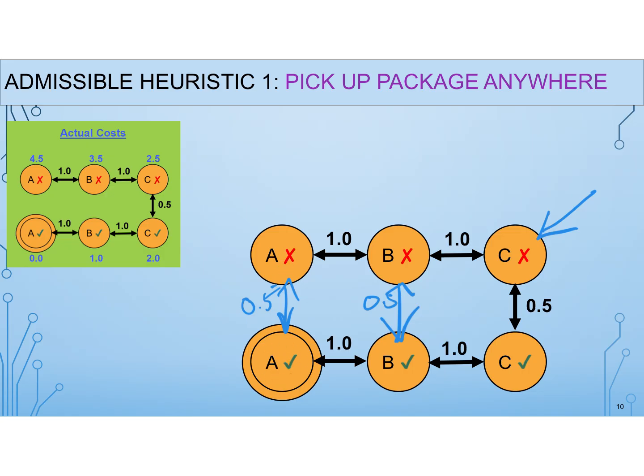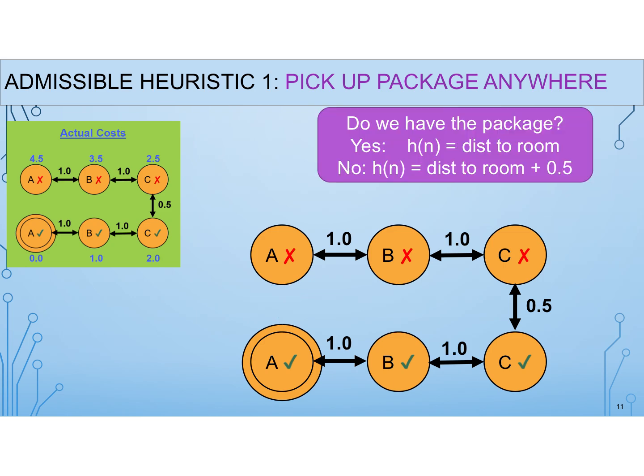I'd just say, oh, that's just 0.5. It's not the actual cost, but it is less than the actual cost. So this would be formally my actual heuristic, right? If I have the package, then the heuristic is just the distance to the room. And if I don't have the package, the heuristic is the distance to the room plus a half.